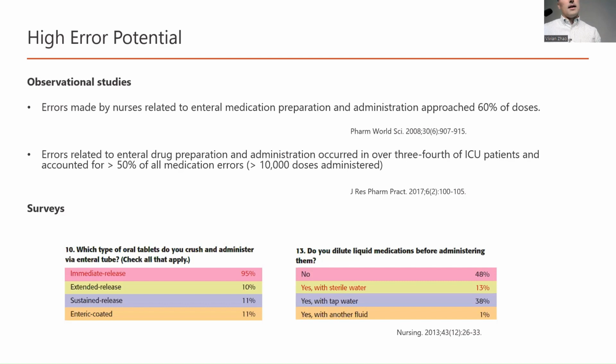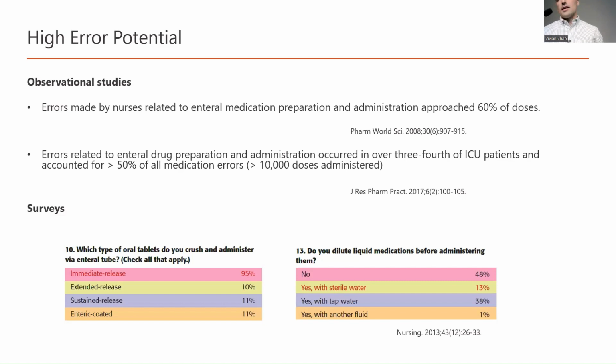Check all that apply. So 95% said immediate release, and then 10 to 11% said extended, sustained, or enterically coated tablets. Number 13 is do you dilute liquid medications before administering them via feeding tube? 48% said no. We have yes with sterile water, 13%, yes with tap water, 38%, and yes with another fluid.